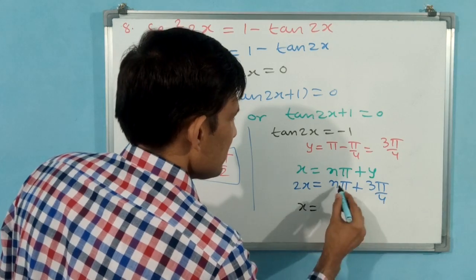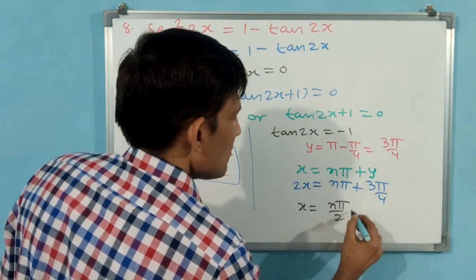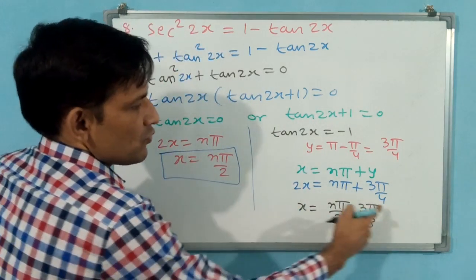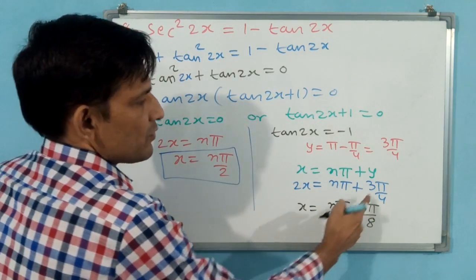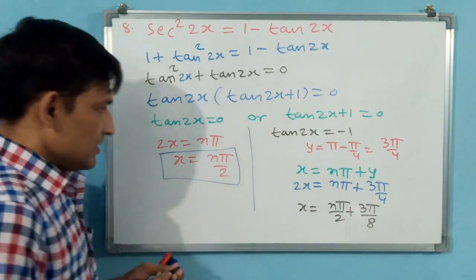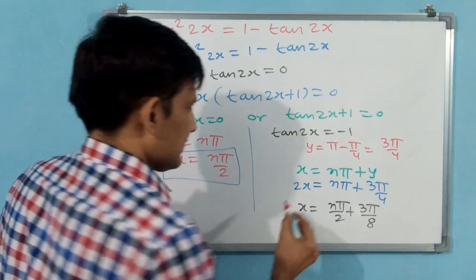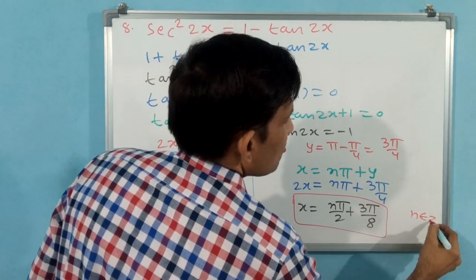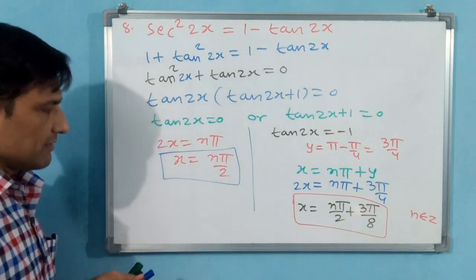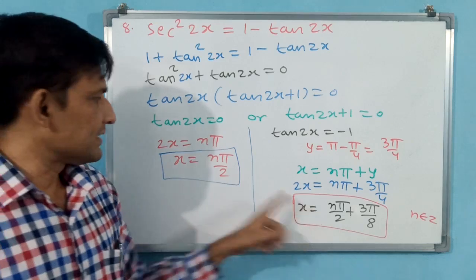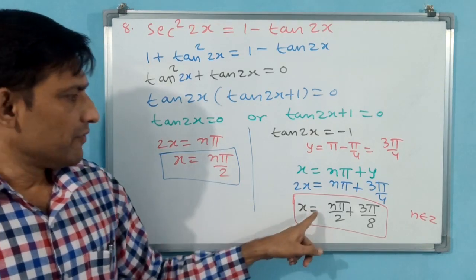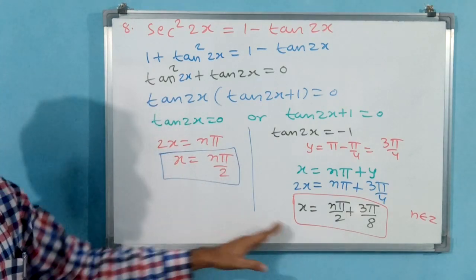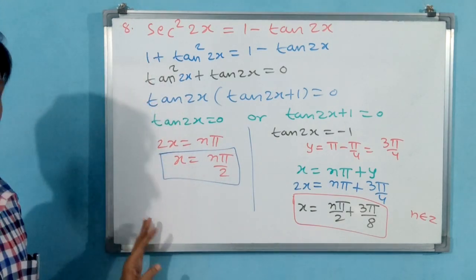X is equal to n pi by 2 plus 3 pi by 8. Why? Because 2 is going to divide, n pi by 2, 3 pi by 8. This will be your final answer, where n belongs to z, for all n belongs to z. These two are final answers: x is equal to n pi by 2 plus 3 pi by 8, and x is equal to n pi by 2. These two are your final answer for question number 8.